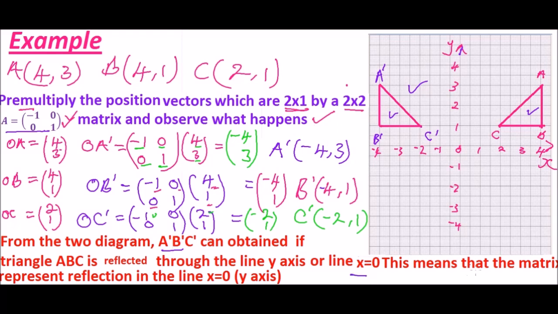This means that the matrix that we had, which is A, up here, actually represents reflection in the line x is equals to 0. And then from there, you can see now we have combined. Here we have a matrix representing a transformation. So let's move to the second example and see whether we'll be able to get another matrix that represents another transformation.